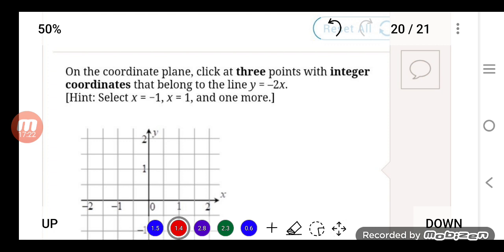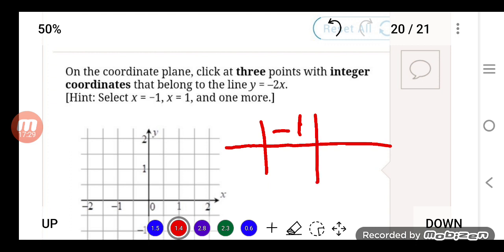We can select, for example, as we are told in the question, -1 and then +1 and then, for example, 0 or 2, whatever. So this is x and this is y.